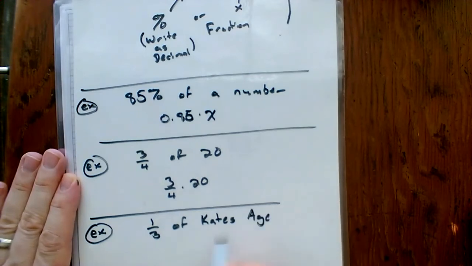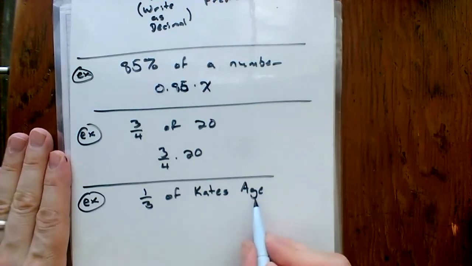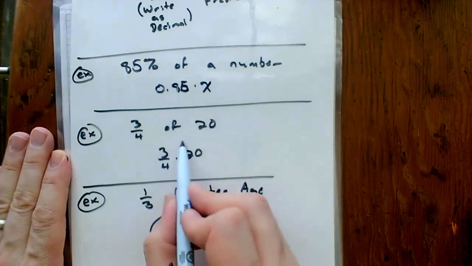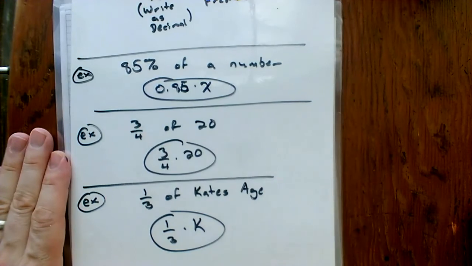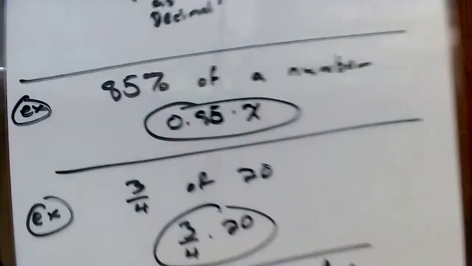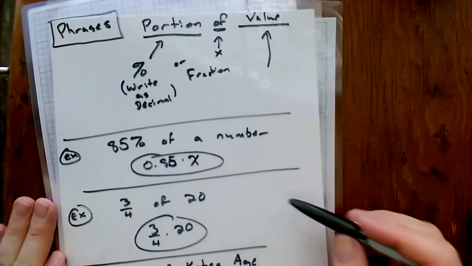This is something that we don't know, at least in this case, but I do know that I'm taking 1/3 of that. 1/3 times Kate's age, I'm going to just use K. I always think it's helpful to use meaningful variables. So yeah, we've also got our portion type of phrase.